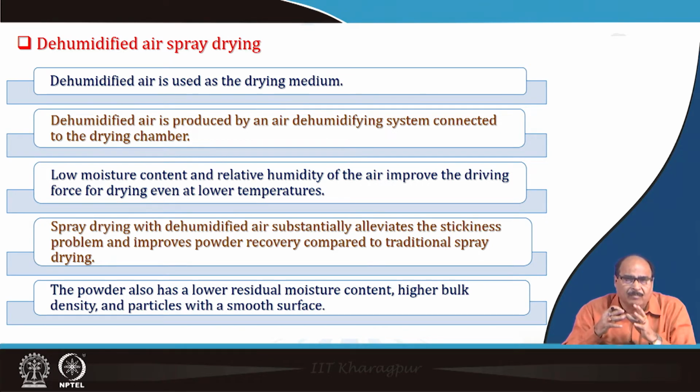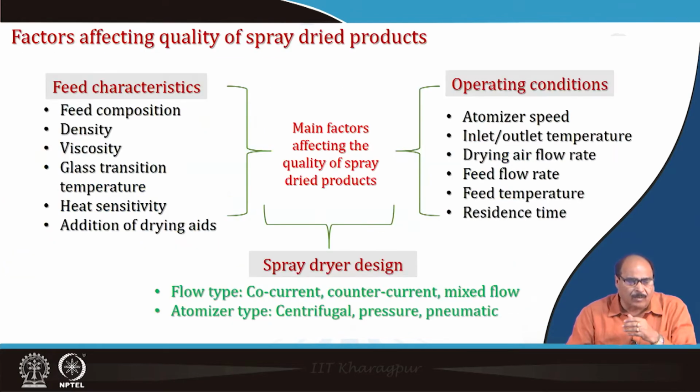Spray drying with dehumidified air substantially alleviates the stickiness problem. It removes the stickiness problems and improves the powder recovery compared to traditional spray drying. The powder also has a lower residual moisture content, higher bulk density and particles with a smooth surface.